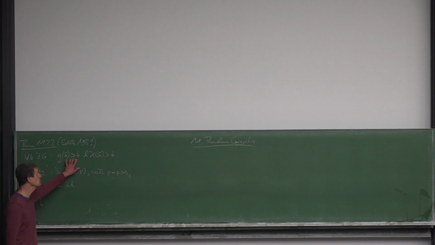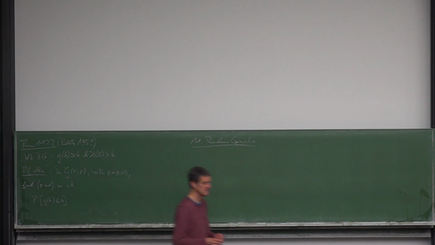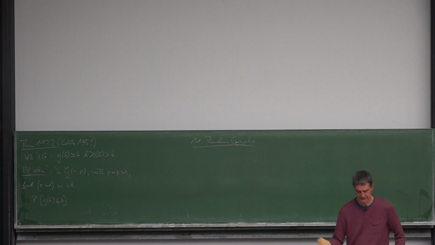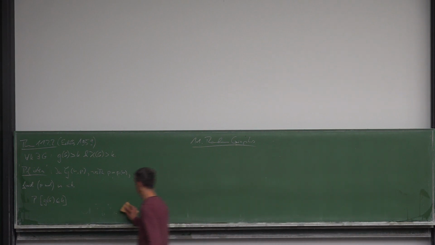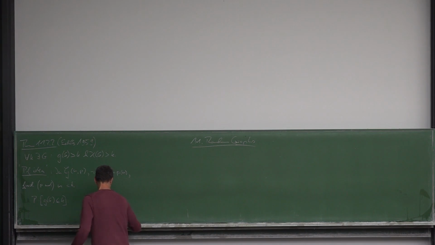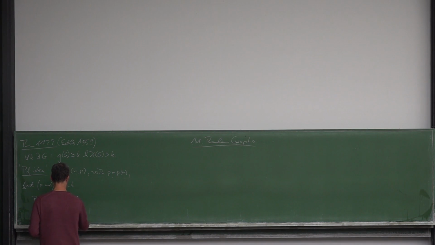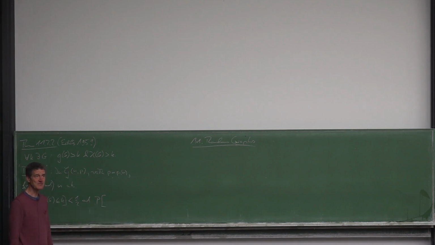So those are the ones we don't want. So the probability of the girth being at most k is less than half, and, well, the probability that the chromatic number is at most k should also be less than half.